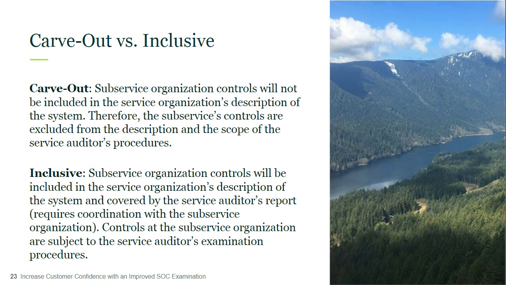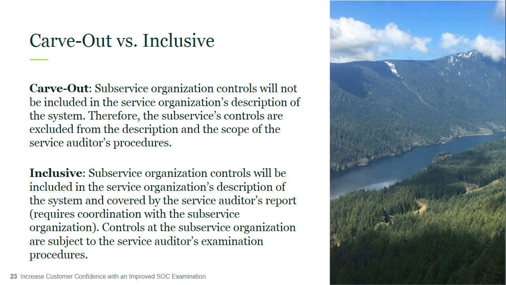In the inclusive method, the service auditor must go out to the data center and actually test controls at that data center as if they were part of the subservice organization. So there's additional effort when you do the inclusive method for subservice organizations, and the norm is typically the carve-out.